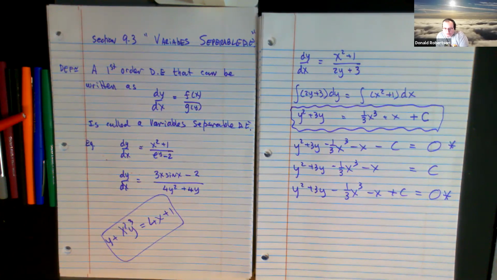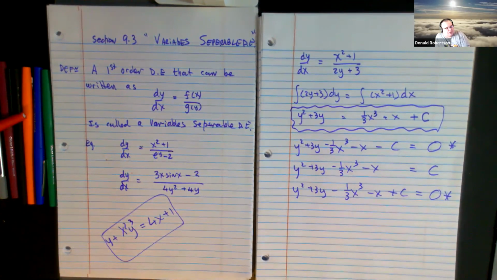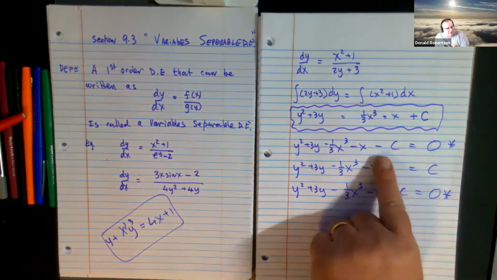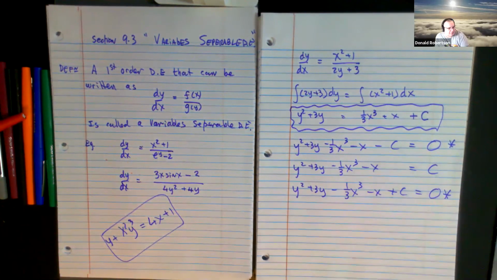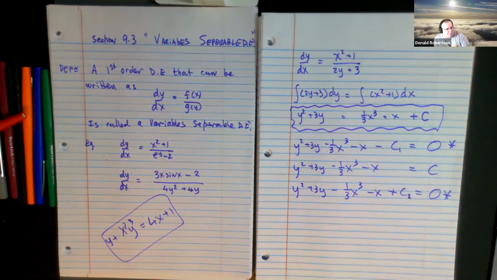Now, don't think normal algebra, because normal algebra, if you subtract it, shouldn't that be what you get? But this isn't normal algebra. We're thinking of C as being an unknown number, right? If I bring it over here, isn't it take away an unknown number? Well, isn't taking away an unknown number the same as adding a different unknown number? So that's how it works.